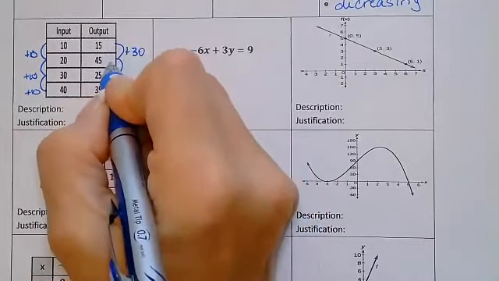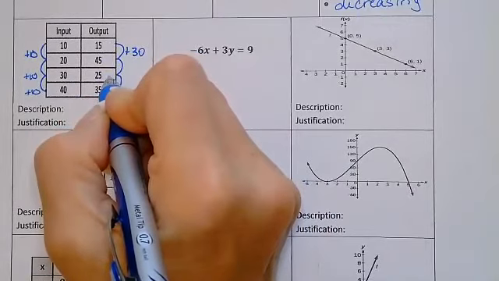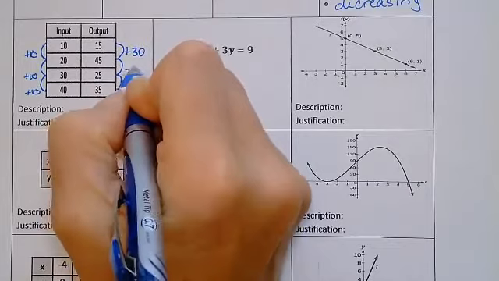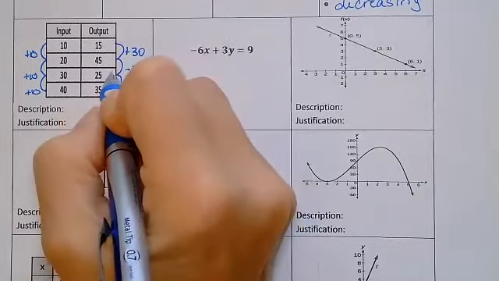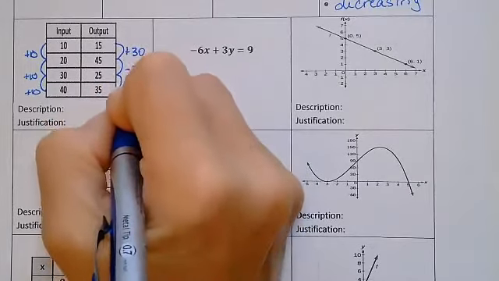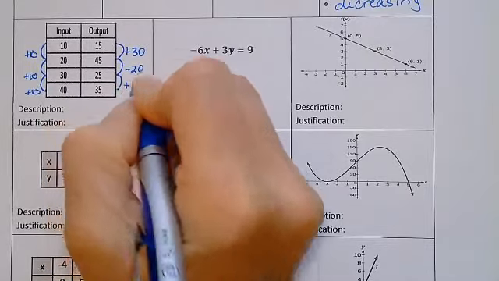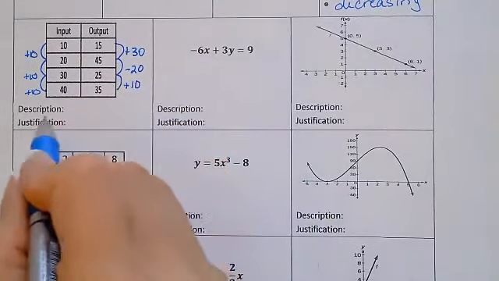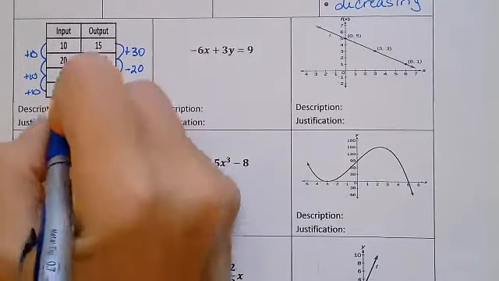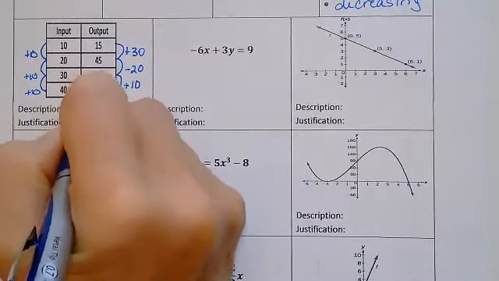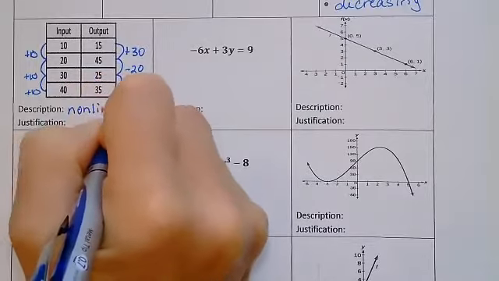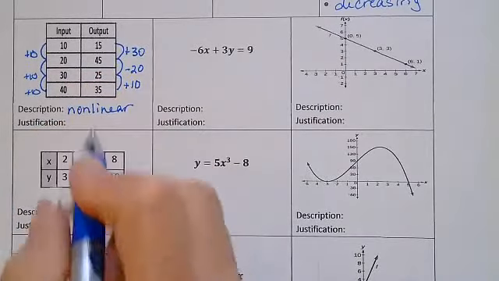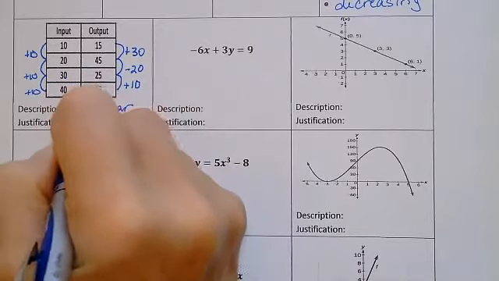And from here to here, that is minus 20. And from here to here, it's plus 10. So there is definitely not a constant rate of change. So that means that this table was nonlinear. Justification: not constant.